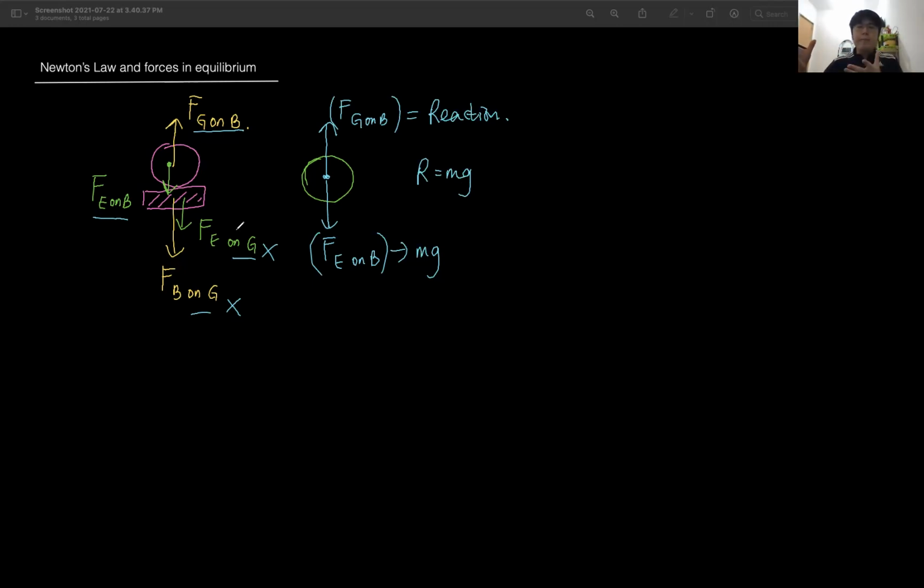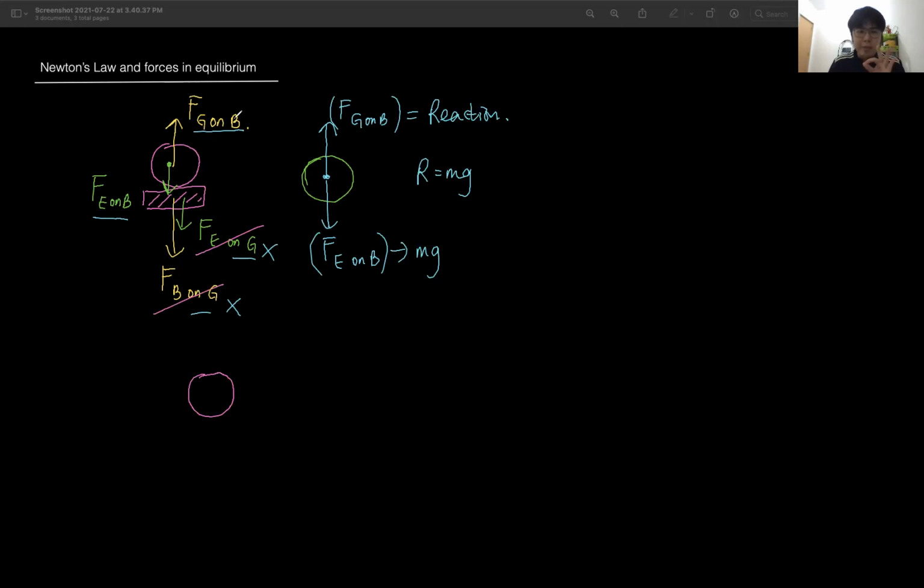How do we create an unbalanced force? Okay, so we have a balanced system here. To create an unbalanced system, let's say I remove the ground. When I remove the ground, what forces disappear? Force of Earth on the ground disappears. Force of body on the ground, no more. Force of ground on body, this one is the reaction, right?